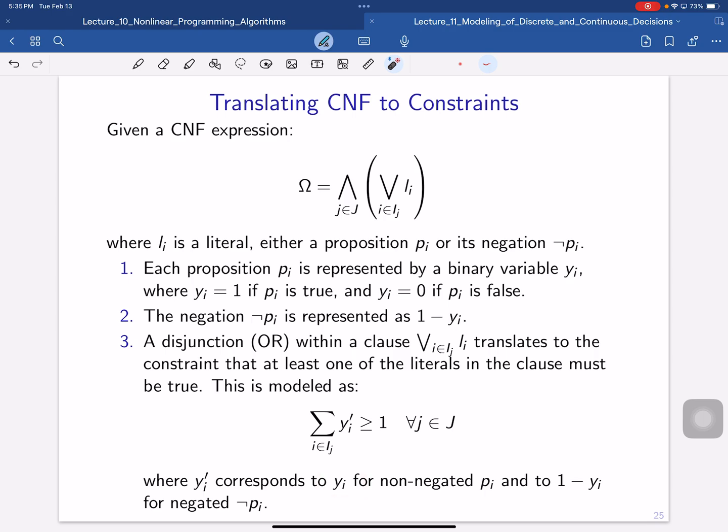If you have a not operator in front of it, then yi prime will be equal to 1 minus yi.